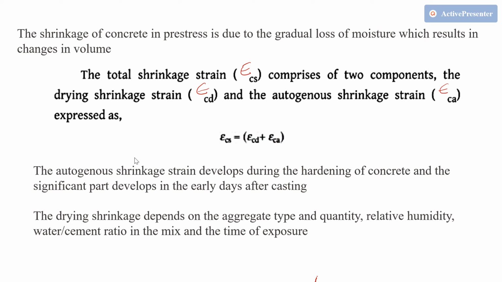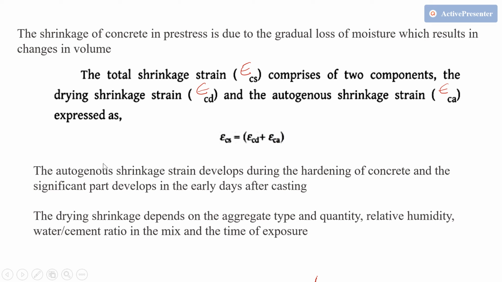That is, from the capillaries and from inside the concrete particles, the water will get evaporated or lost by some means, and there occurs some shrinkage of concrete, and that is drying shrinkage. And autogenous shrinkage occurs during the loss of water during the hydration of the concrete. So the total shrinkage is due to the drying shrinkage and autogenous shrinkage.